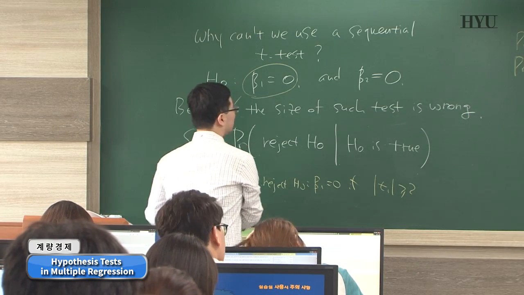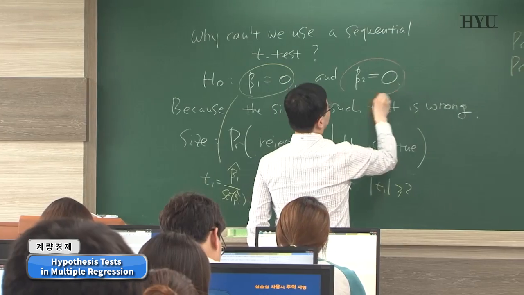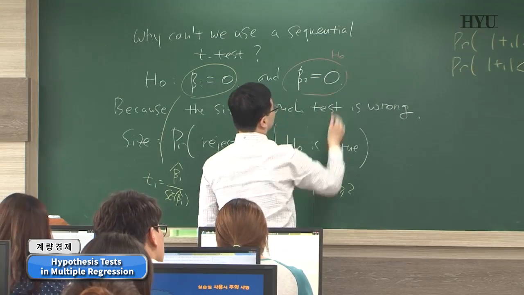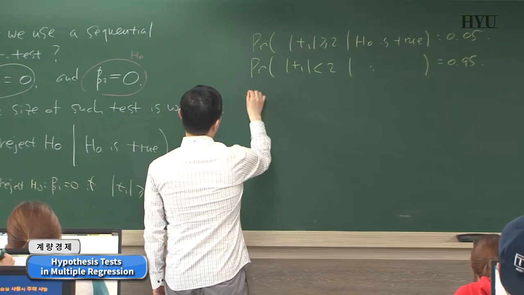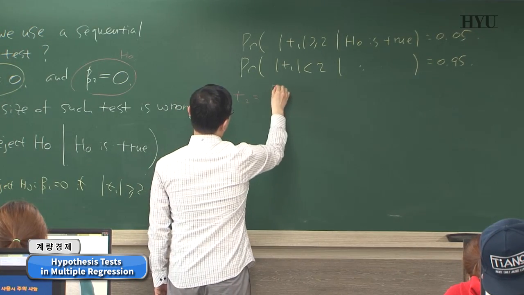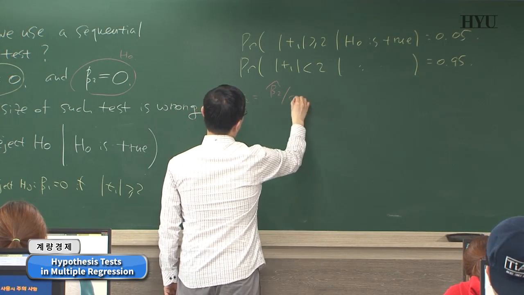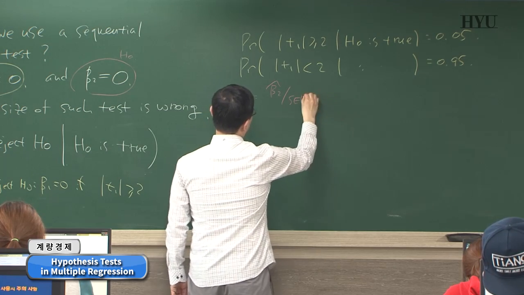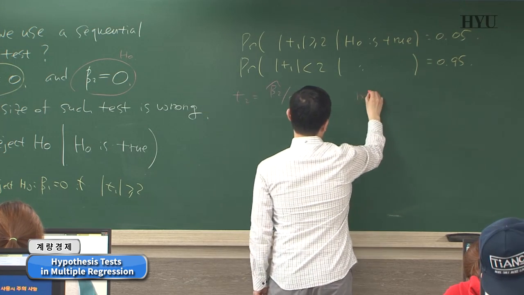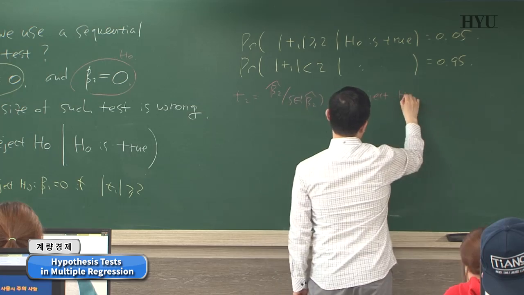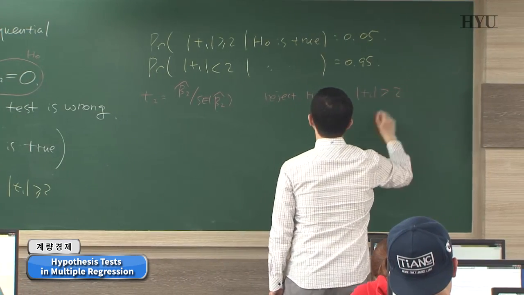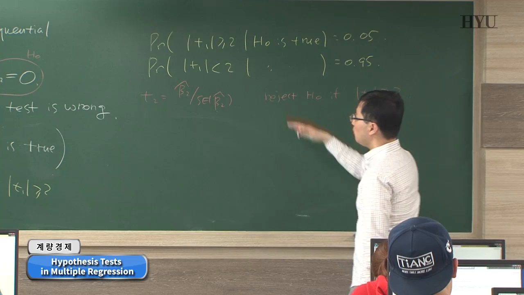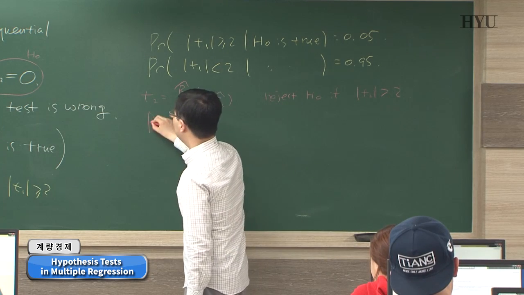Now let's think about the second hypothesis. Let's suppose that this is my null. Again, we are going to do the same thing. We are going to calculate t2 and we reject the null if t2 is big. So you can write the probability again.